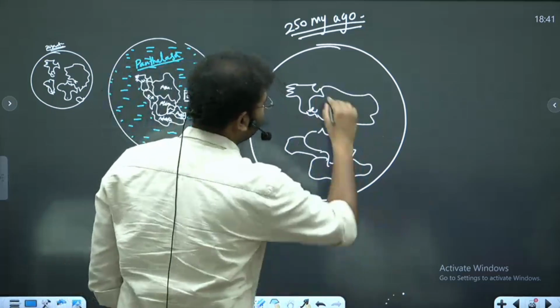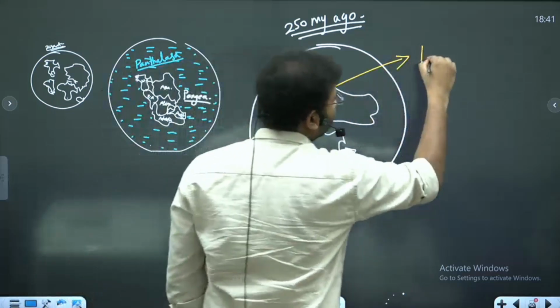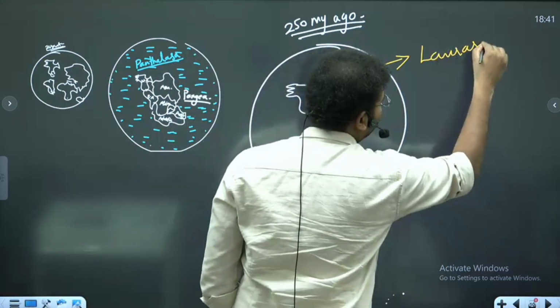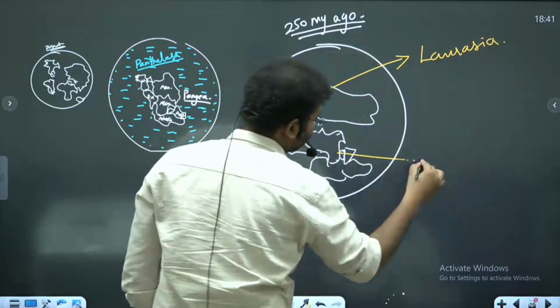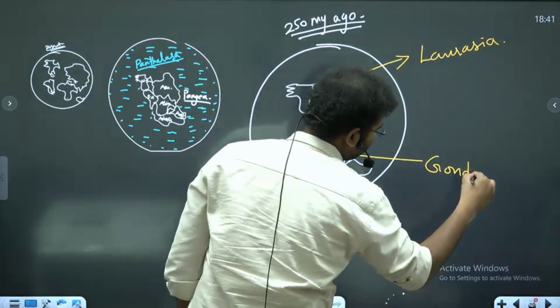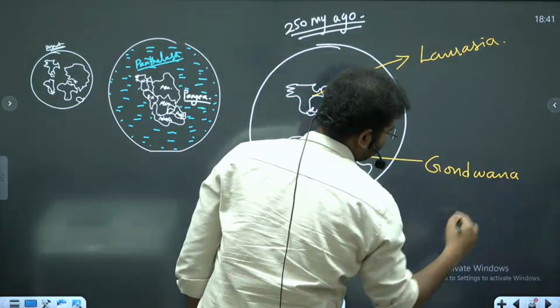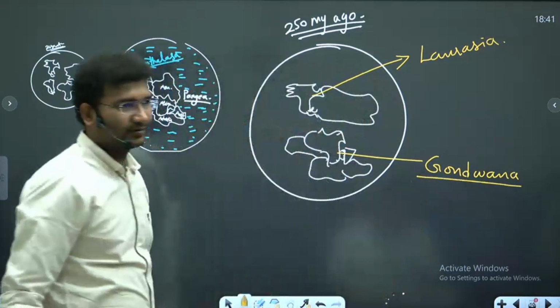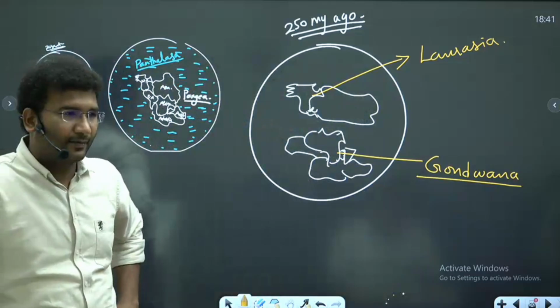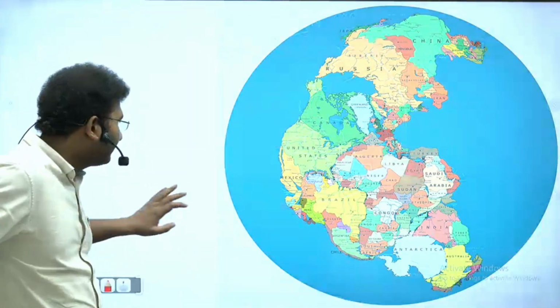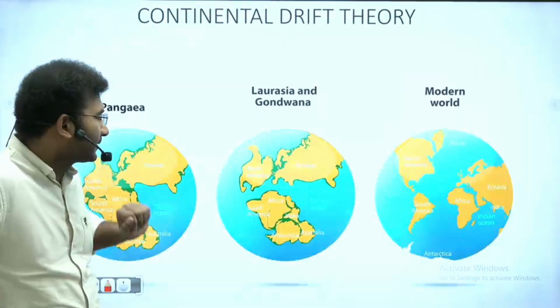He calls this Laurasia. He called this Gondwana. I'll show you the diagram first so that you can imagine.